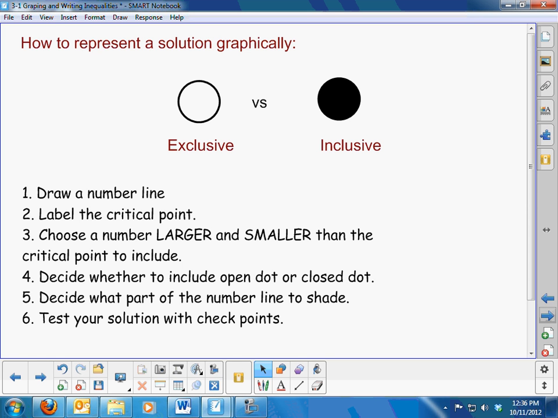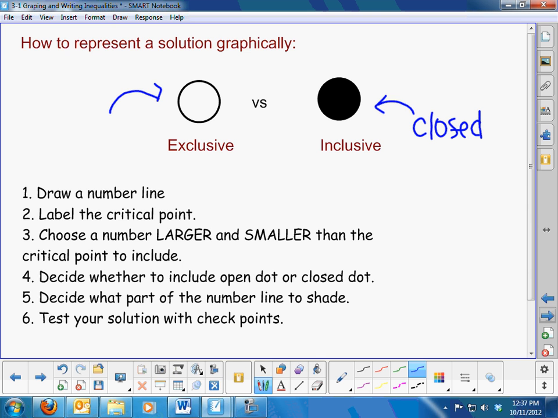There are two important circles that we're going to use, or dots, points, when we're graphing an inequality. And that is an open circle, which is this one right here. We call this an open circle. And this is a closed dot, or closed circle. Open meaning it's not colored in, closed meaning it is.